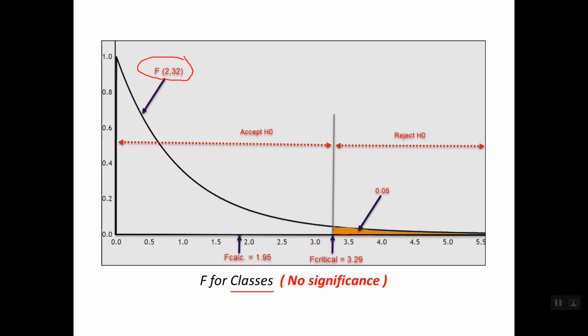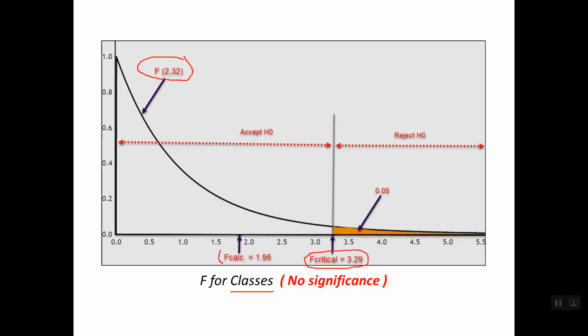The critical value here is 3.29, and the area to the right of the critical value is 0.05.